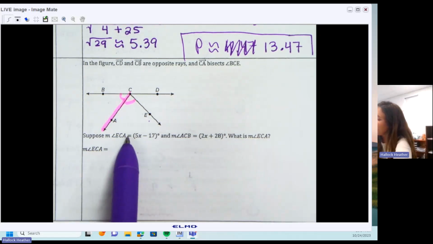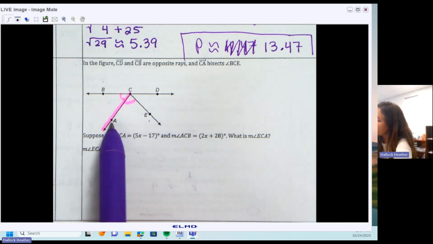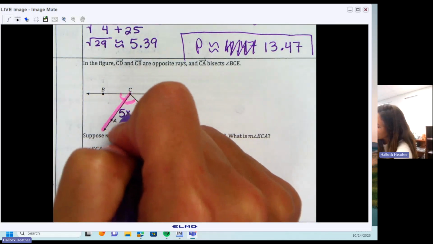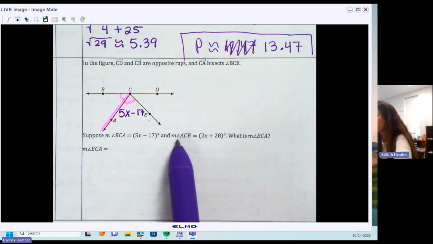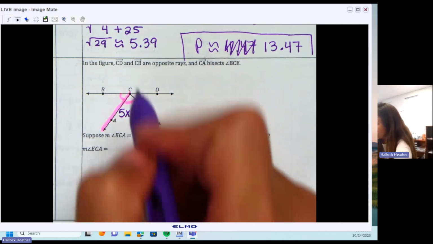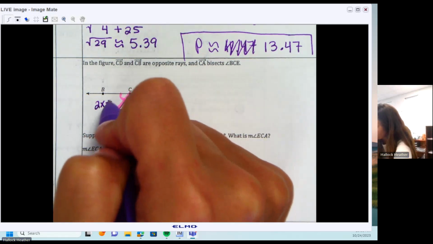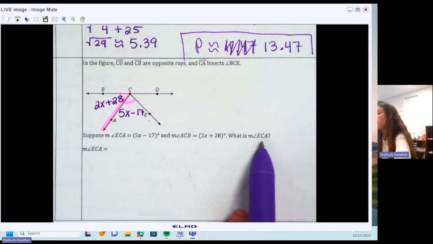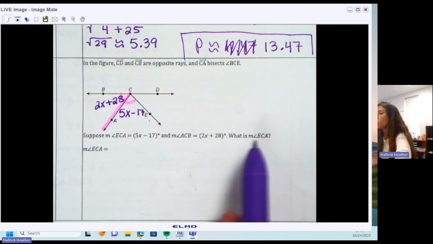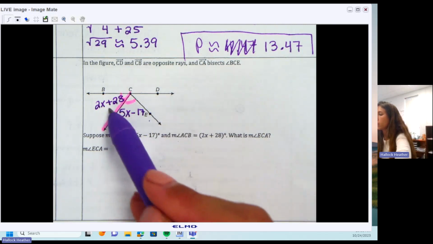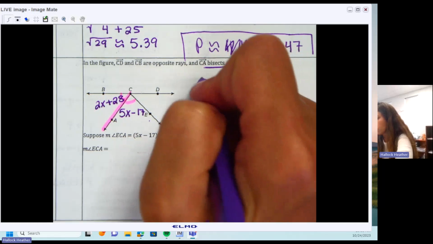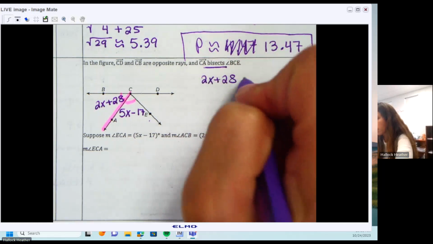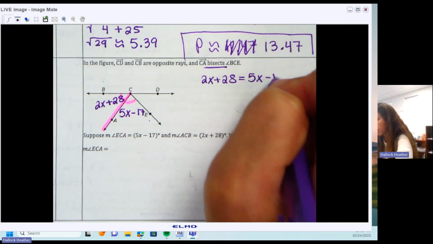It says ECA is 5x minus 17. Once again, you should be using the picture to help you, plugging in the picture's information. ACB is 2x plus 28. What is the measure of ECA? So disregarding this piece, I know these are congruent because it's bisecting it. It's cutting it in half. So I'm going to do 2x plus 28 equals 5x minus 17.